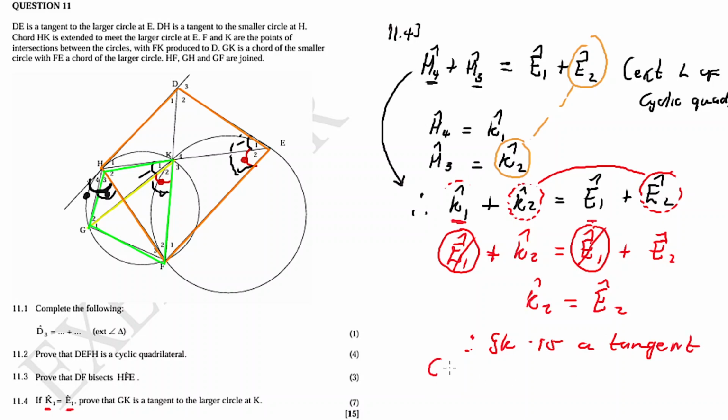Normally we refer to this as the converse, not the inverse, of the tan-chord theorem. We just showed that these angles are equal, so therefore this is a tangent. If this is a tangent, these angles are equal. So it's just the straight tan-chord theorem.